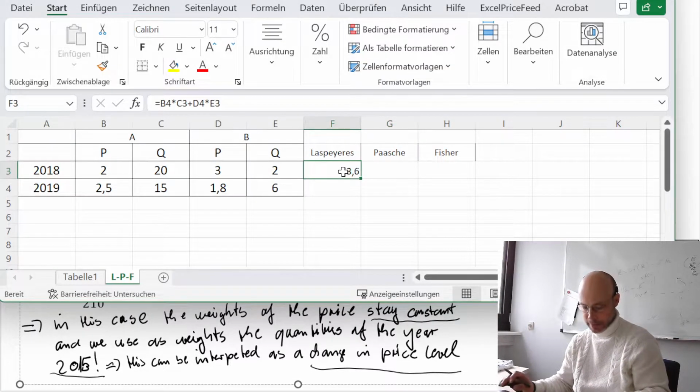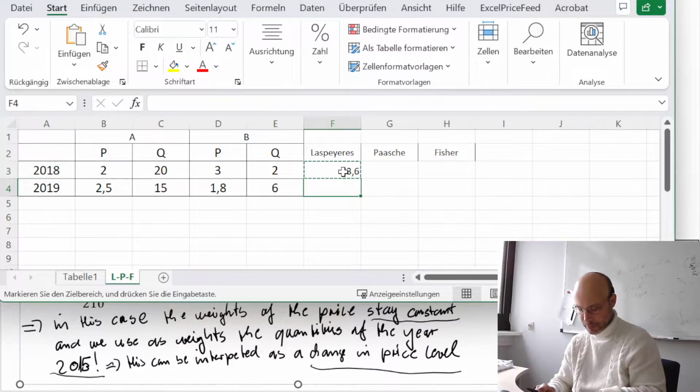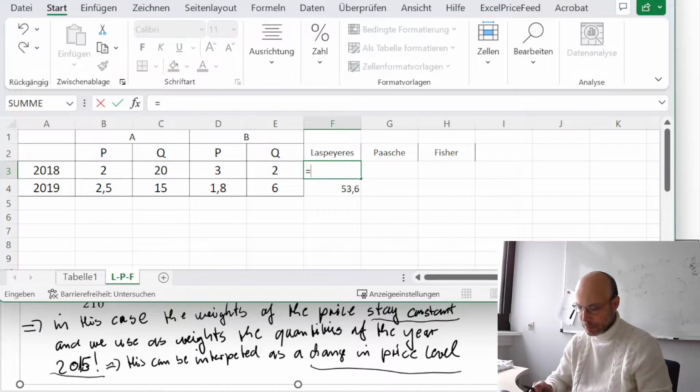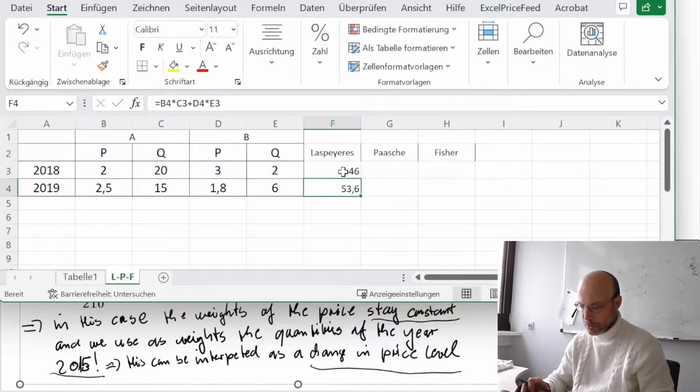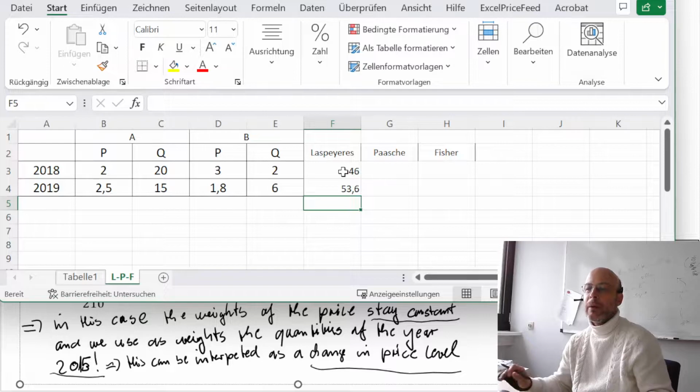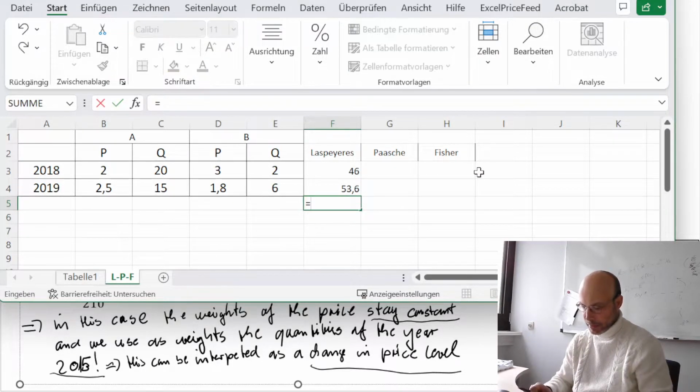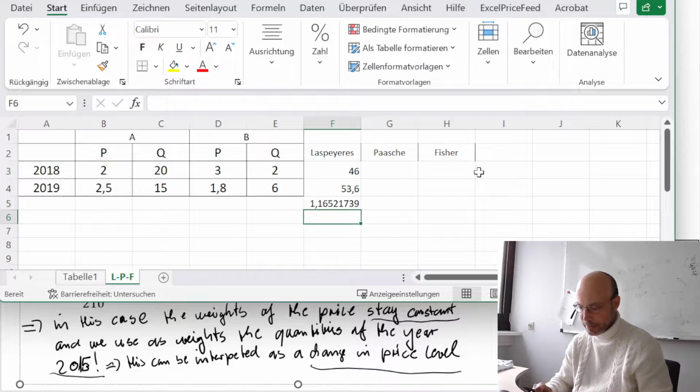So sorry, then we need, of course, also 2 times 20 plus 3 times 2, and this we have to take then the proportion equals 53.6 over 46.